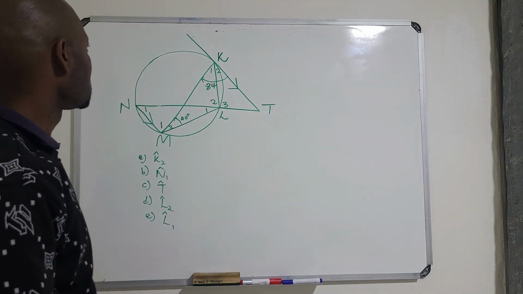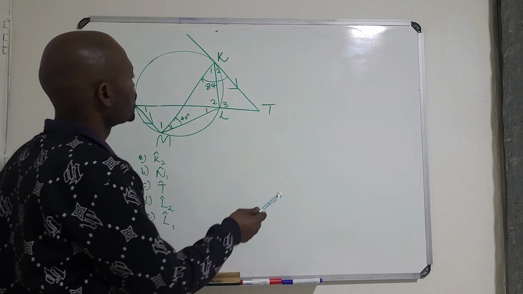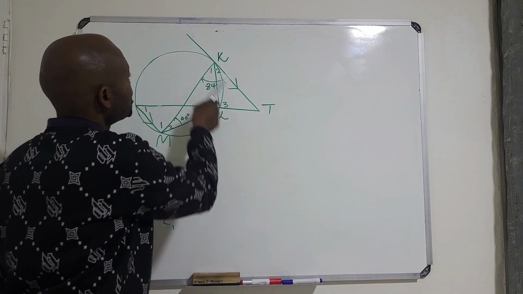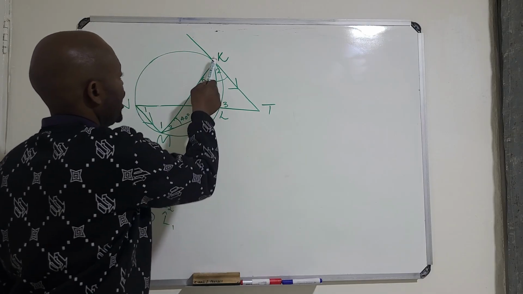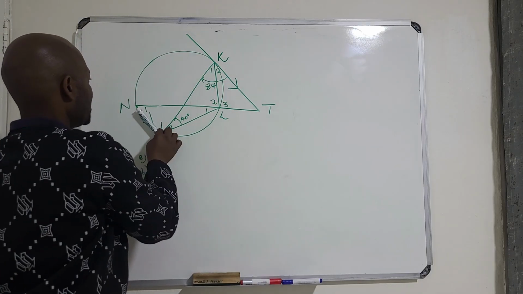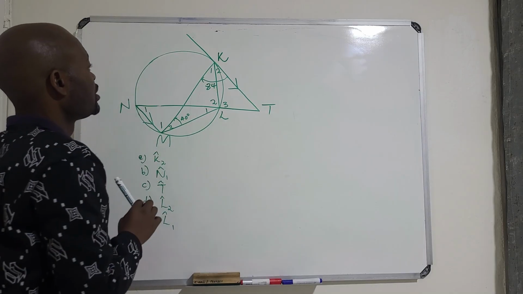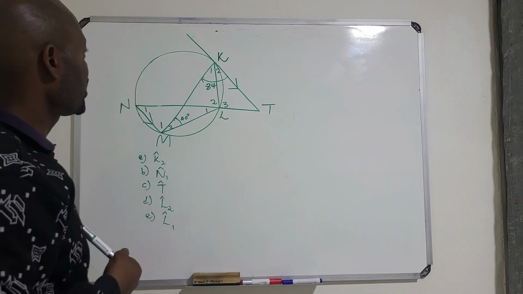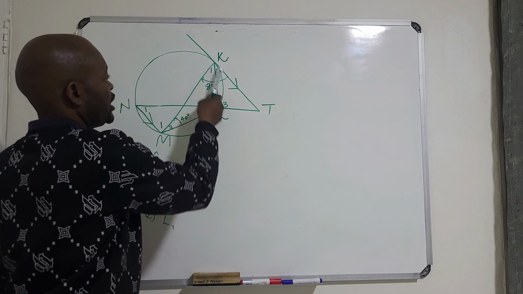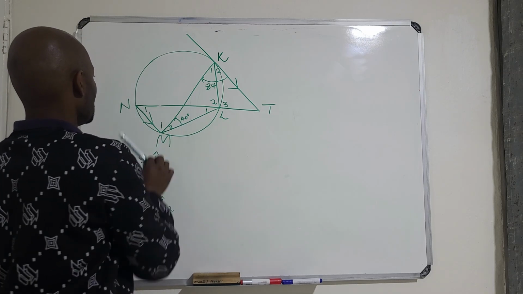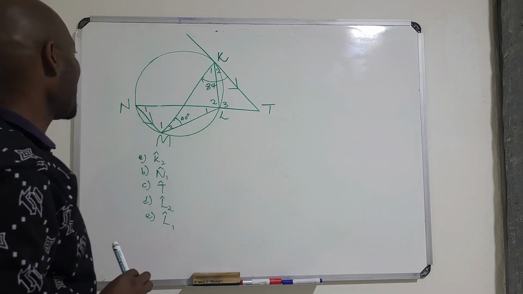Here we are told that tangent KT, which is this tangent, is a tangent at K. This tangent is parallel to chord NM. Let's start again. We are told that tangent KT at K is parallel to chord NM.